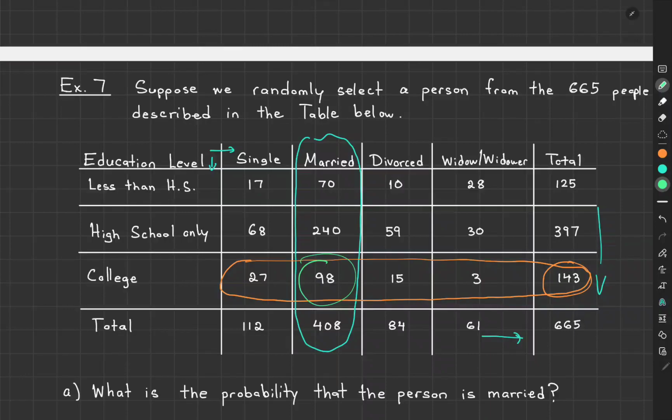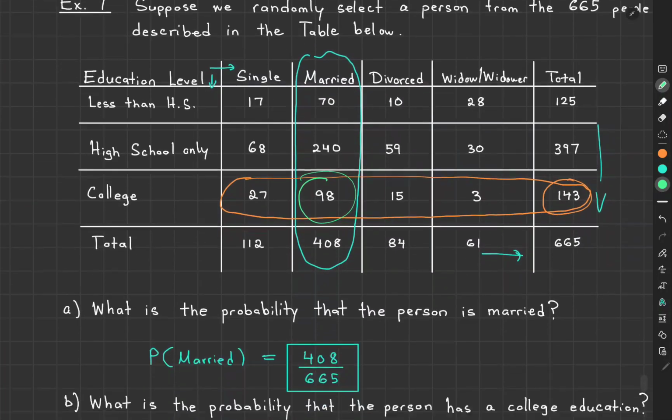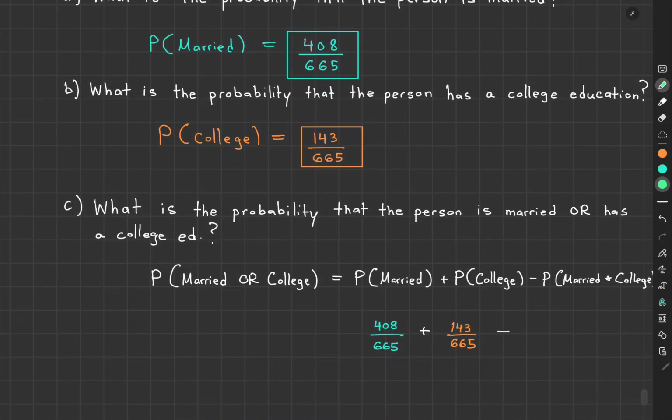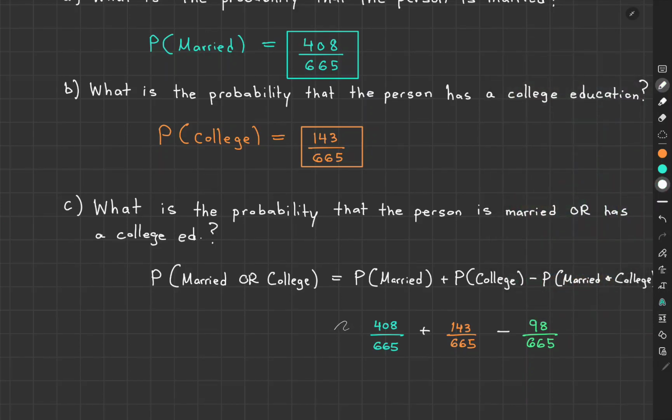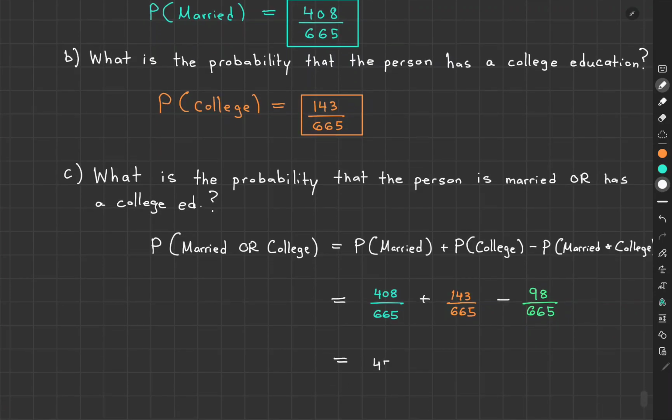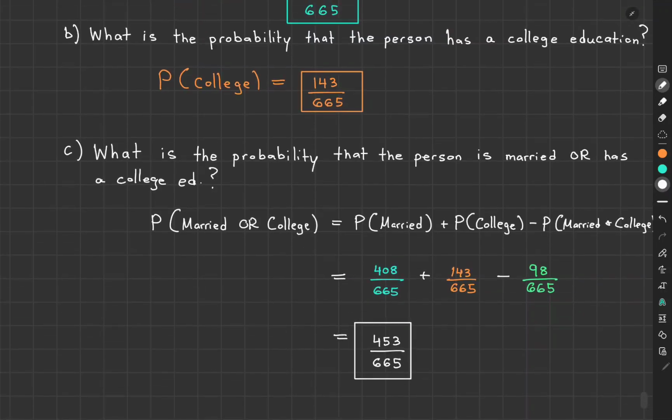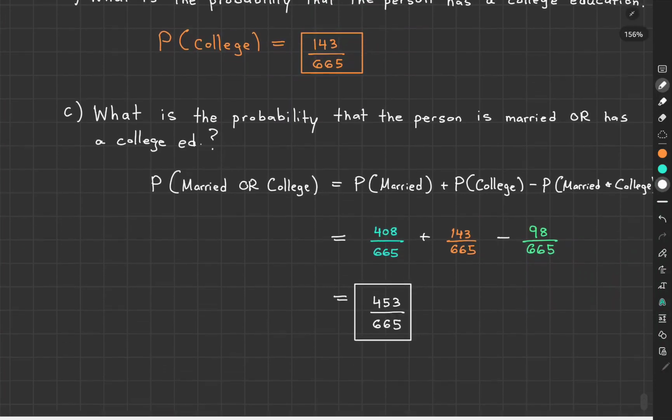So this 98 are those people who have both a college education and are married. And that's the group. So because we double counted that group, we're going to subtract off one of those 98s. Right? And this is going to give us our final answer, which is 453 out of 665. And that's it. That's the concept in practice.